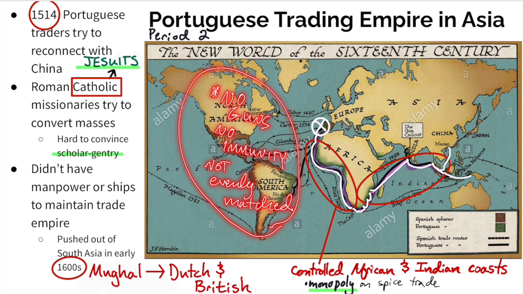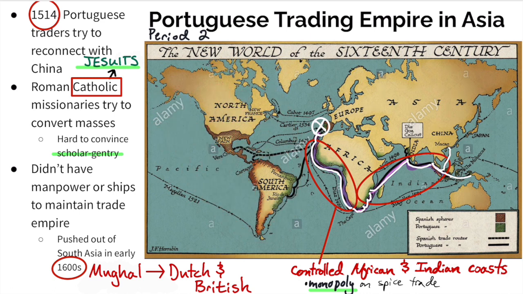They do not have that edge in Africa. They are resigned to establishing trading post empires along the coast of Africa. They do not have that edge in China. Okay, so they have to play nice if they want to get China on their side. So they find a monopoly on the spice trade by going around Africa to get to India, but they can't dominate in this area like they could in the New World for the reasons that we have just discussed.